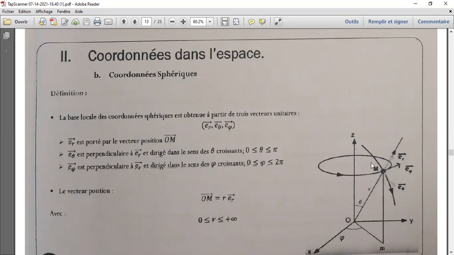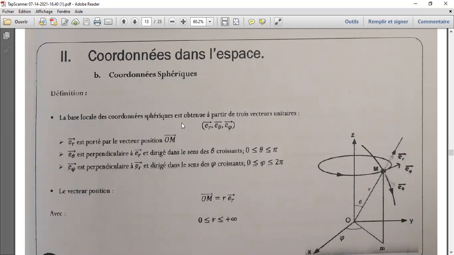Then E phi is moving around the what? The equatorial circle on top here, and E theta is moving around the sphere. So these are the three bases.